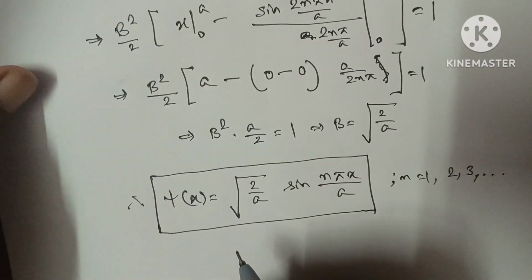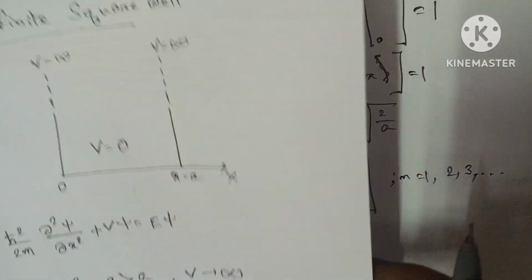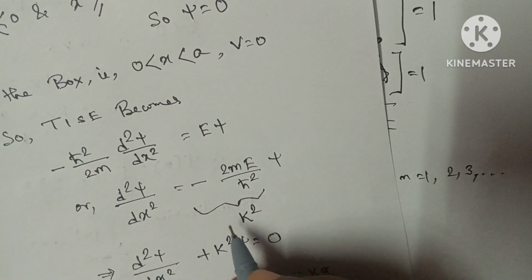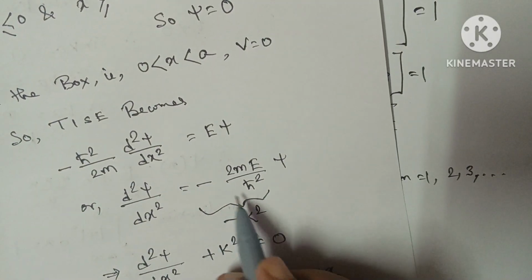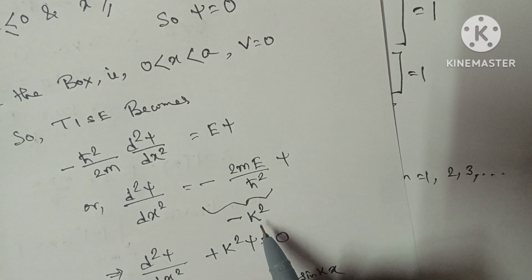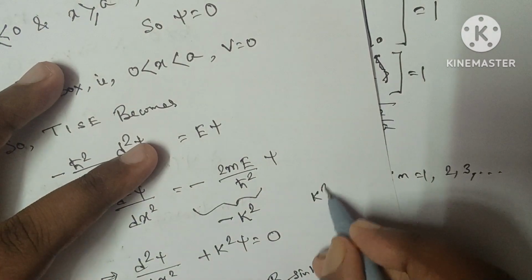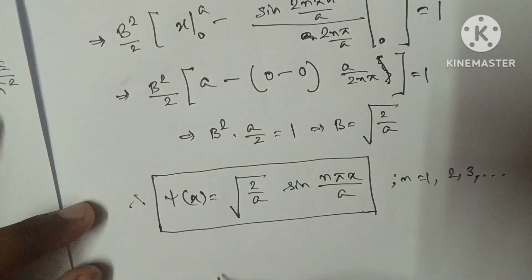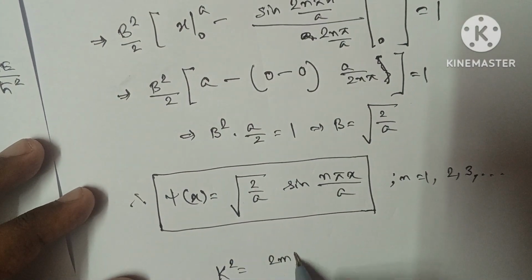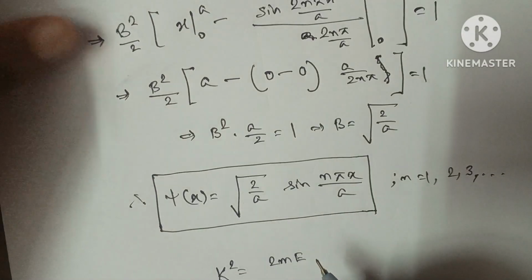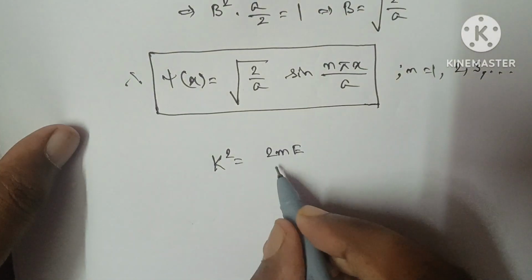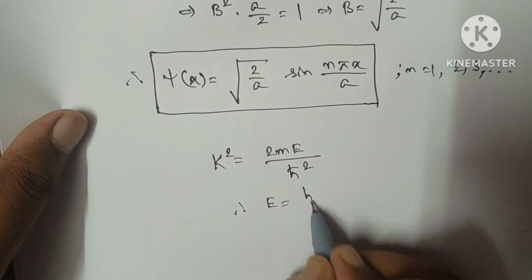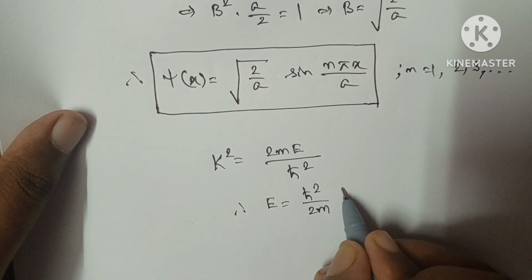Now we have to find the energy. Here it was minus 2mE by h cut square, it was minus k square, and so k square was 2mE over h cut square. K square is equal to 2mE over h cut square. Therefore E is equal to h cut square by 2m into k square.